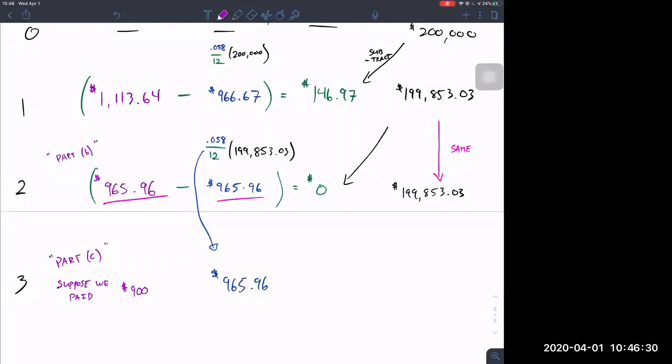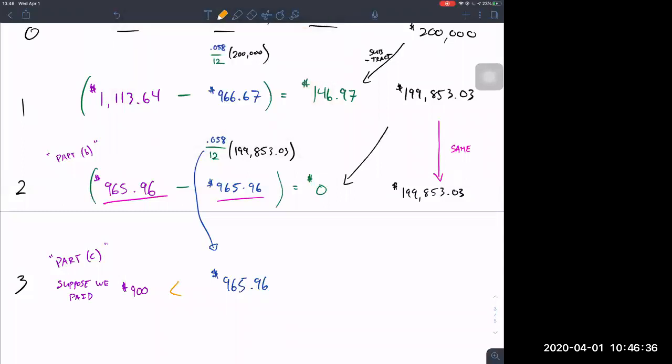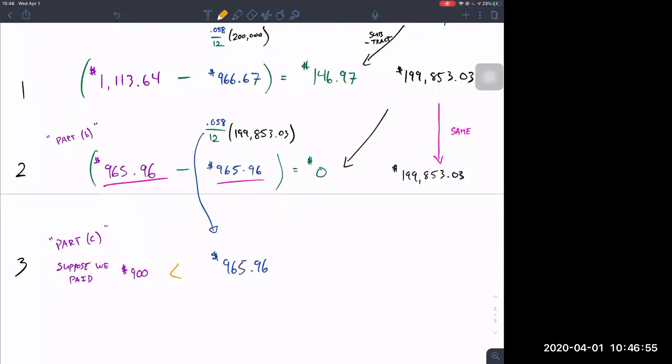Where did 900 come from? It doesn't matter. It just has to fit the criterion that whatever your payment was is less than the interest that is expected to be paid for the next month. And again, I may have mentioned this in class, whether it was the first time we went over amortization schedules or the last time that we met in class.